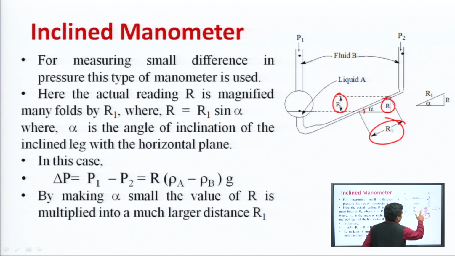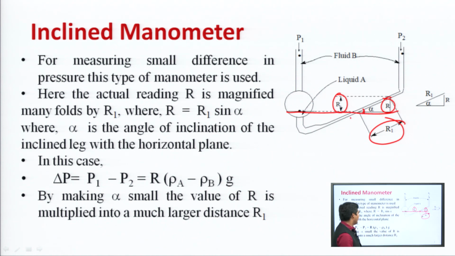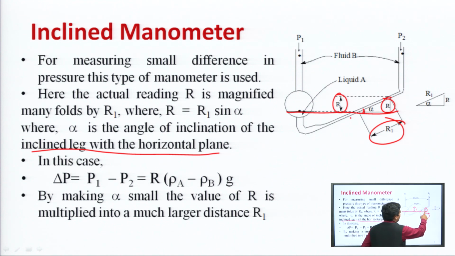Here an angle is formed by this horizontal datum plane with this inclination. This angle is called the angle of inclination of the inclined leg with the horizontal plane. From this alpha we will determine the value of R. Sin alpha is equal to R by R 1, perpendicular by hypotenuse.